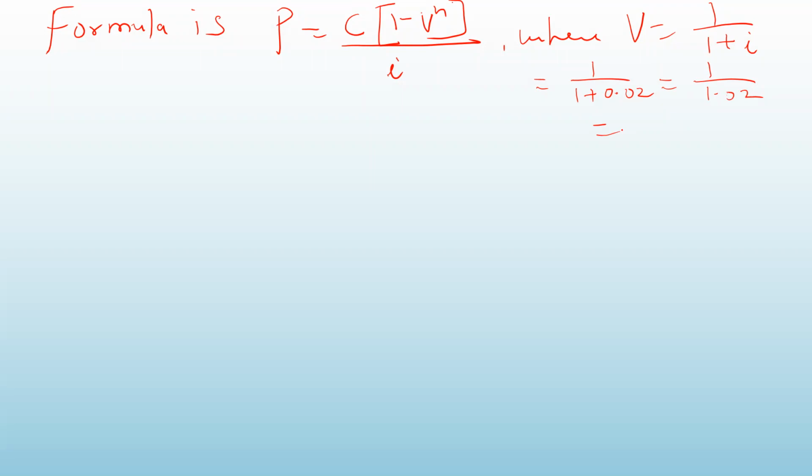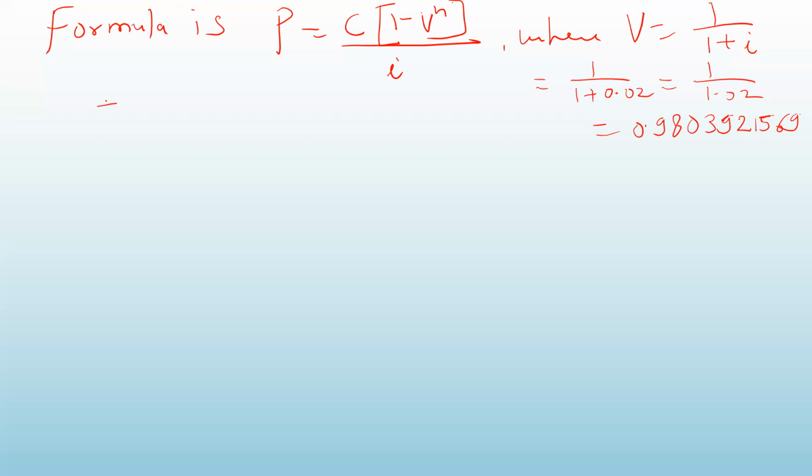So 1 divided by 1.02 gives you 0.980392156. You have to write the whole number, all the digits.